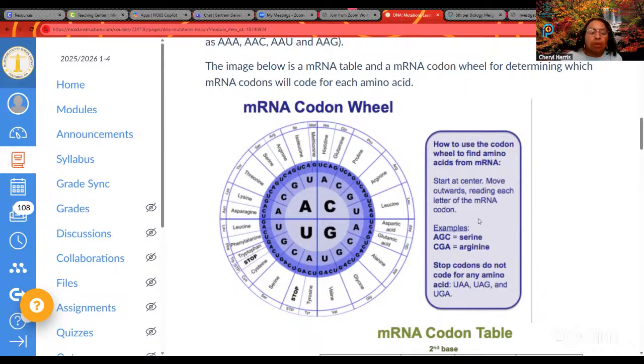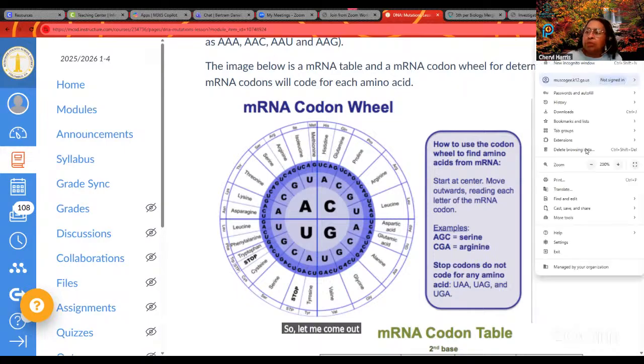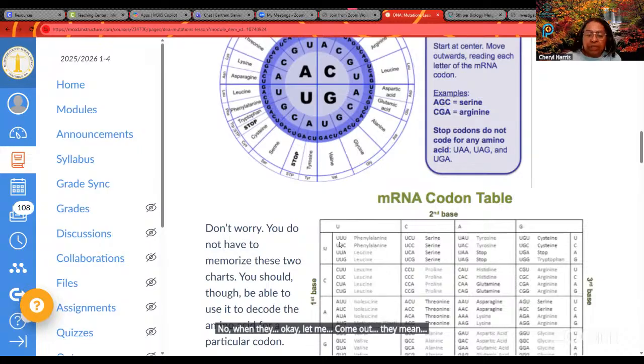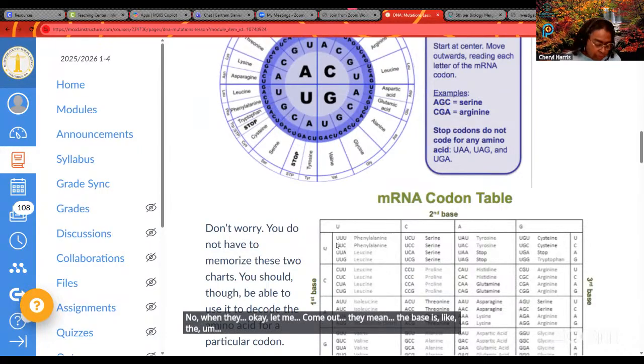So let me come out of this giant screen. Do you need me to leave this up? No. When they, okay, let me come out. They mean the bases, like which codes are different.